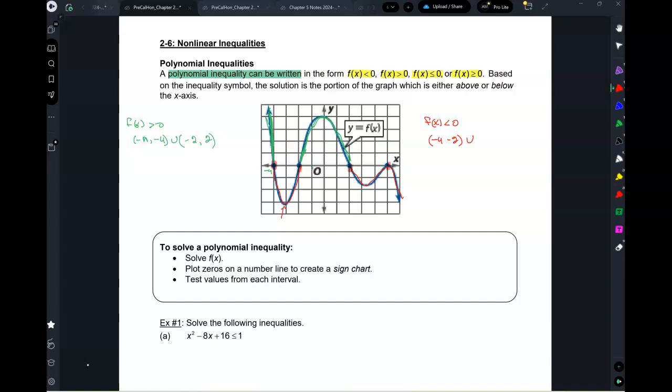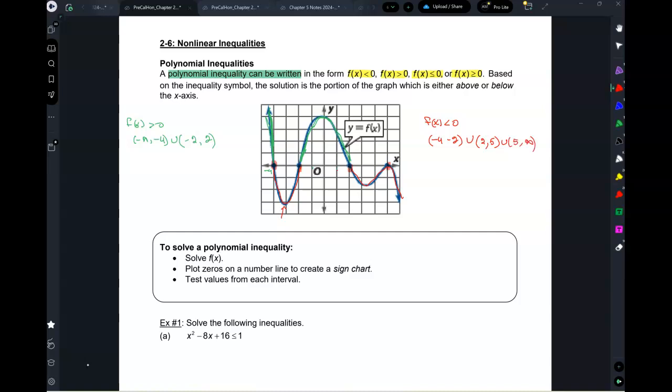It's 0. It's not less than 0. And so when I come here, f of x is negative from 2 to what? 3, 4, 5. At 5, it's 0. So 2 to 5 and 5 to infinity.